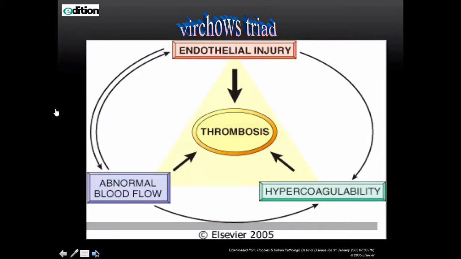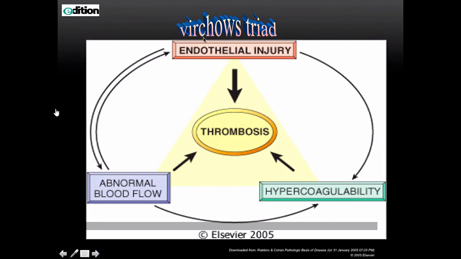Okay? So in relation to that, we have what we call a Virchow's triad. So Virchow's triad consists of three: endothelial injury, hypercoagulability, and abnormal blood flow. Okay? Because any derangement of these three factors can cause thrombosis.